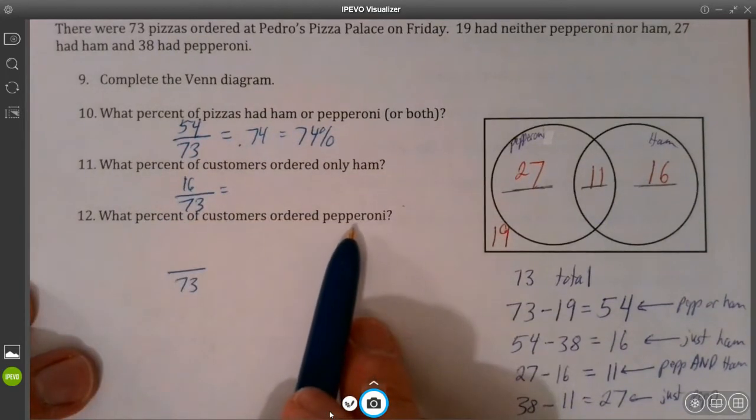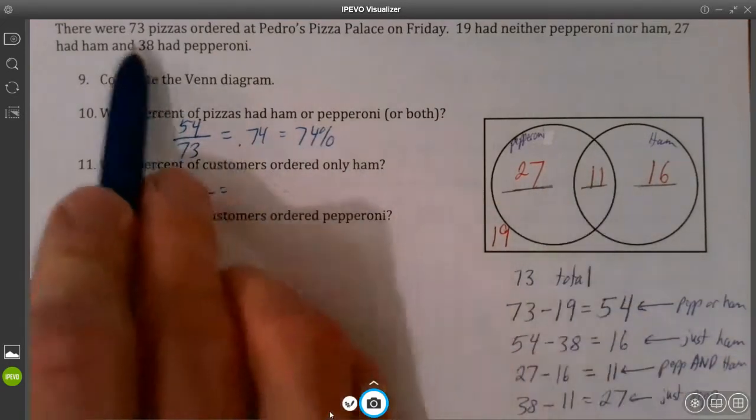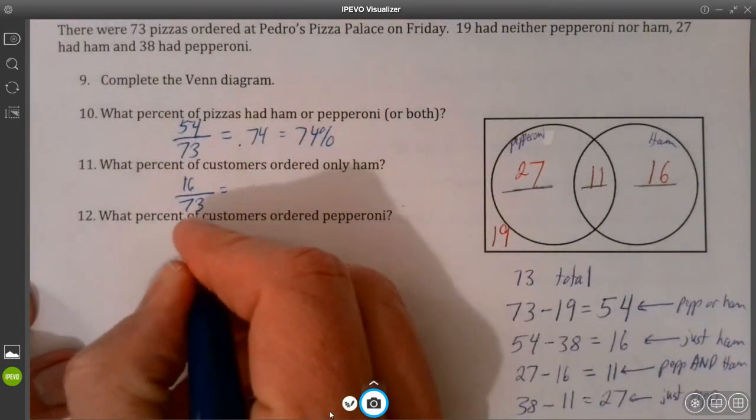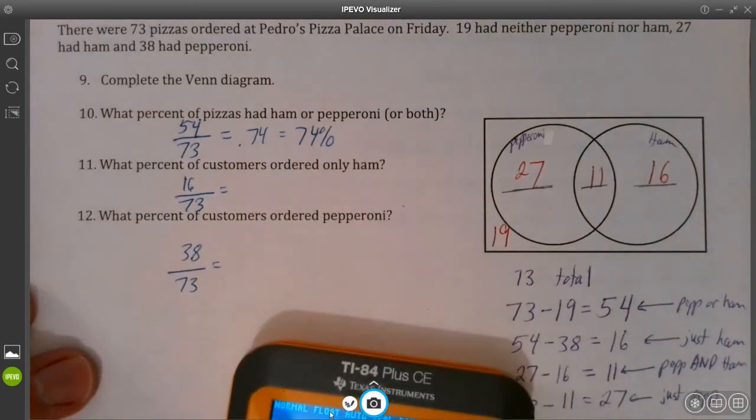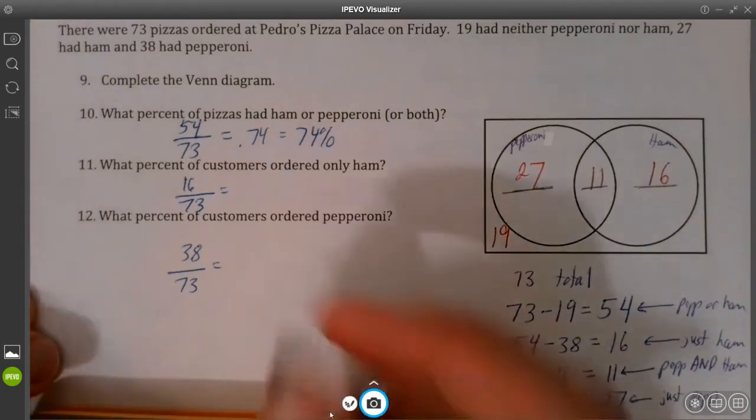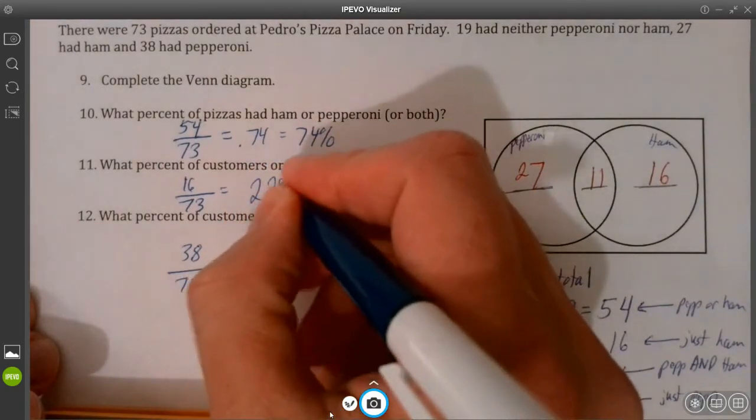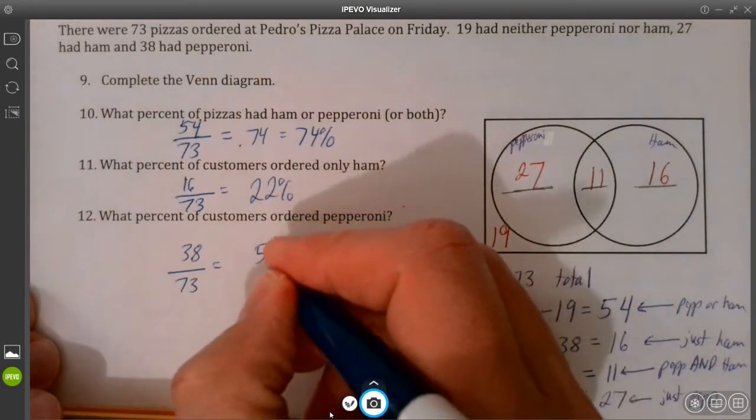They didn't say just pepperoni or only pepperoni. They said pepperoni. So 38, which we already knew. So 38 out of 73. Now we just type things in the calculator. It's going to be easy. 22% here and 52% here.